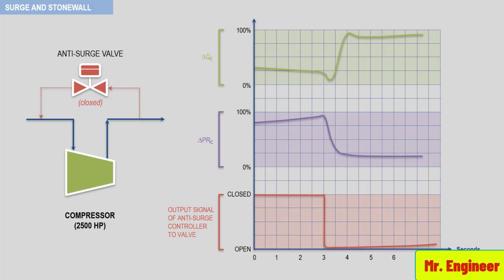Notice how prior to the surge event, the pressure ratio delta PRC increases, while the compressor flow rate delta QC is decreasing. Observe that once a surge cycle is detected, the output of the controller works to open the anti-surge valve immediately.